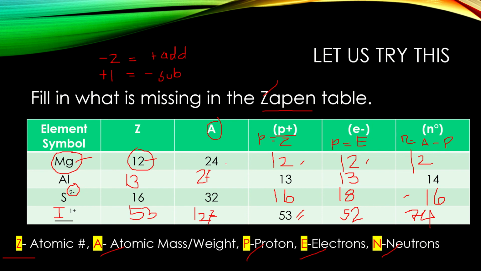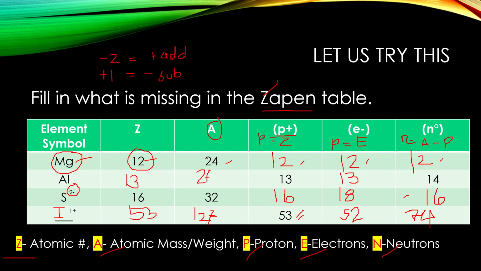So, how did they get 24? 24 is written in the periodic table, the atomic mass of magnesium. So, how did they get the 12? We have the formula, neutron is equal to atomic mass minus proton. So, 24 minus 12, it's 12. So, the neutron for magnesium is 12.